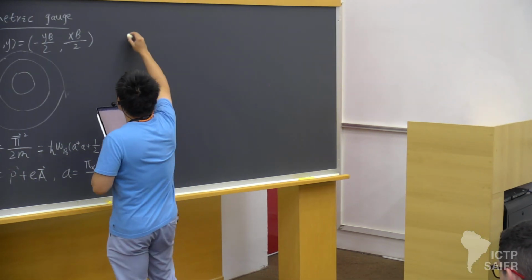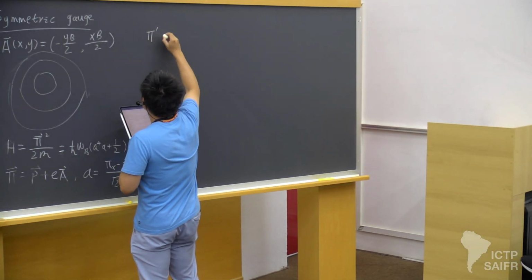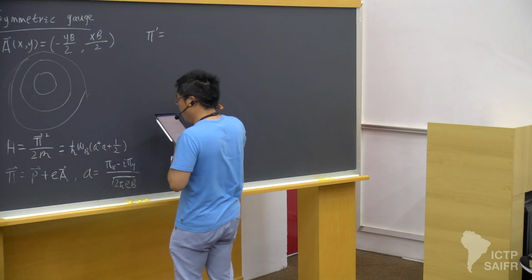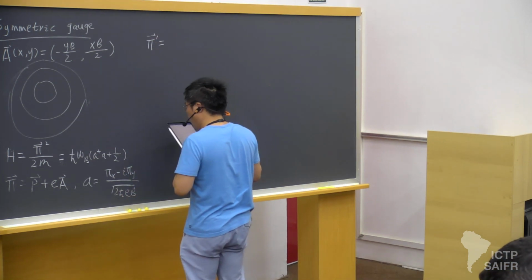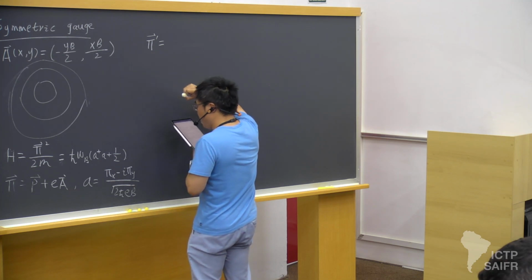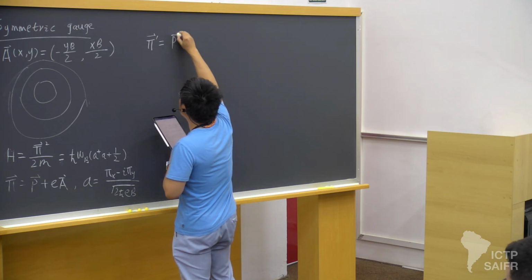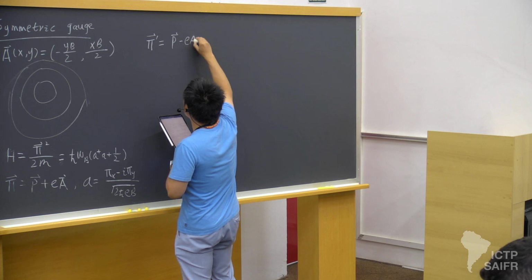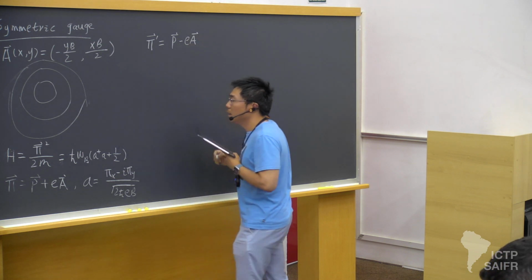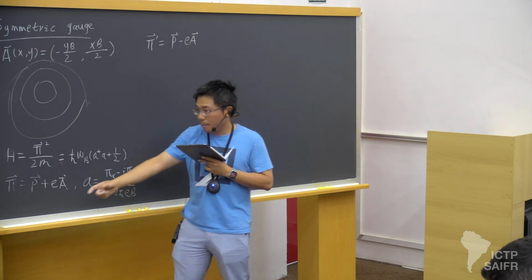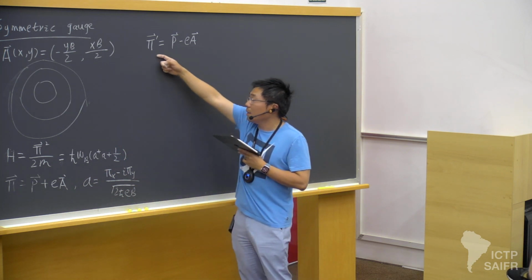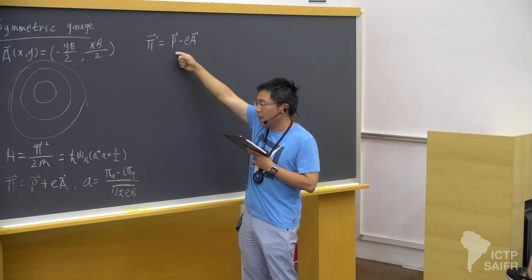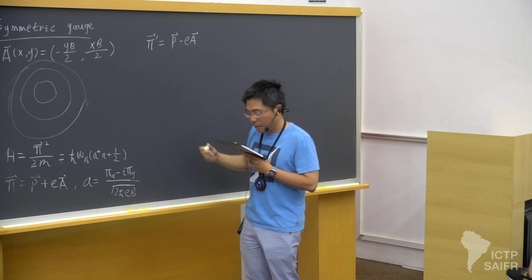What you can do is introduce another operator that I call pi prime, which just reverses the sign of my mechanical momentum, right? Different from the mechanical momentum, this guy will be gauge dependent.